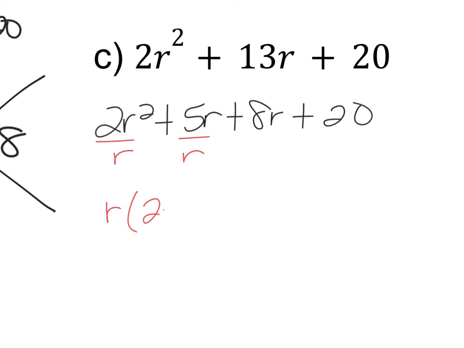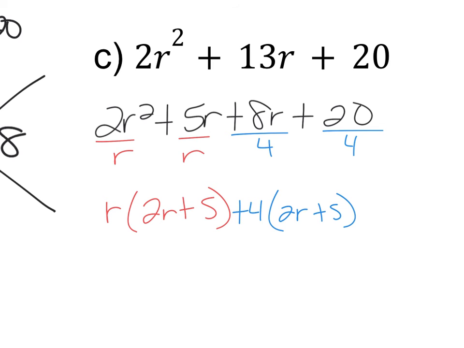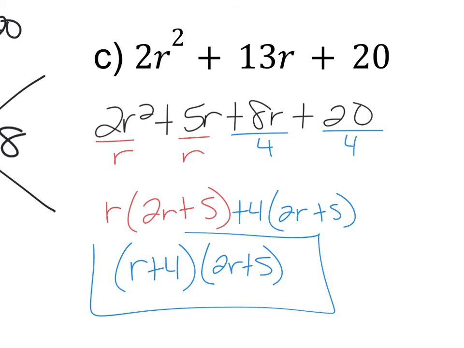So I have r times 2r plus 5. Those second two, I think you can just take out a 4. If you're taking out a positive 4, you get 2r plus 5. Perfect, parentheses match, so I have r plus 4 times 2r plus 5. Boom.